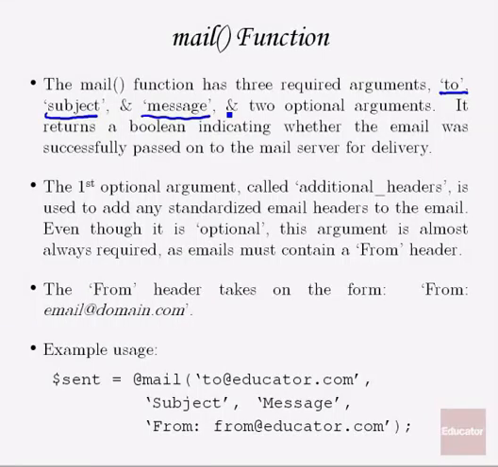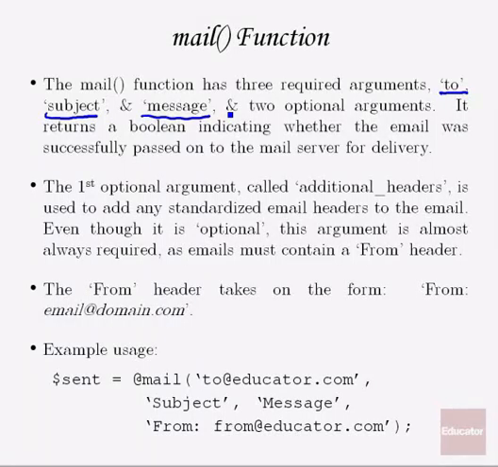And it returns a Boolean value indicating whether the email was successfully passed on to the mail server for delivery. We're going to talk more about that, because just because the mail function returns true, indicating that your message was delivered to the mail server, it doesn't necessarily mean the email is going to be properly delivered. There may be problems on the mail server, such as an incorrect email address. So you have to be careful with that.